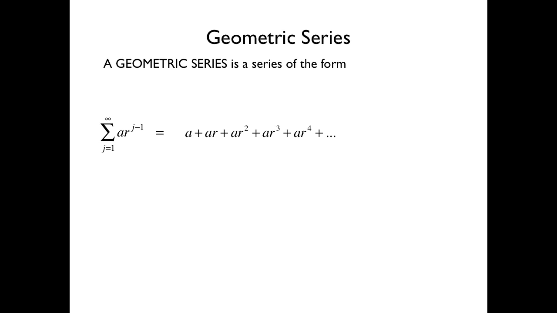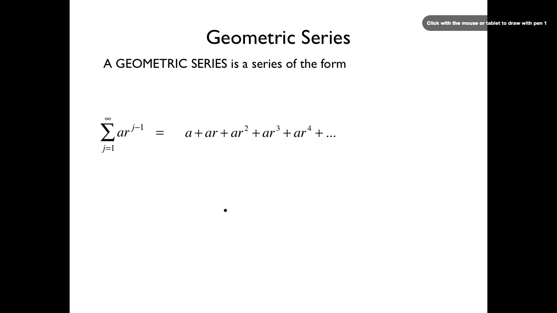And then rather than start with r as the first term, we're starting kind of like with 1 as the first term. That's what putting the j minus 1 did. So by having j minus 1, we get this first term of the geometric series just being the a. If we had done r to the j, well, then the first term would have been ar. But in a geometric series, we allow for that first term to just be the constant a.